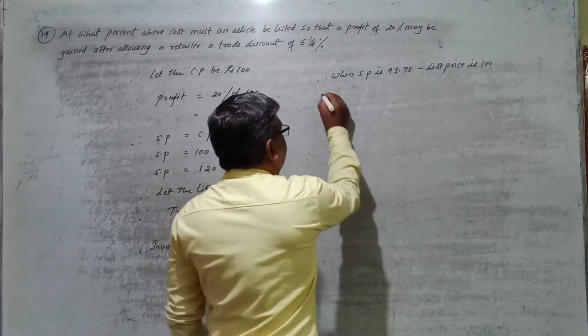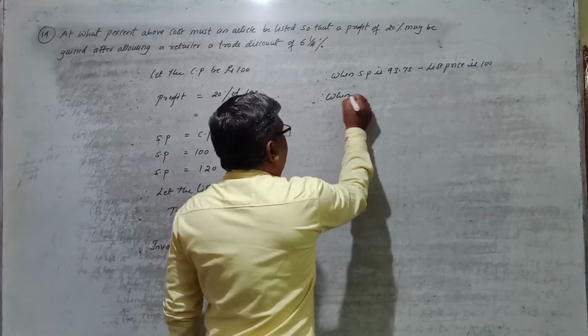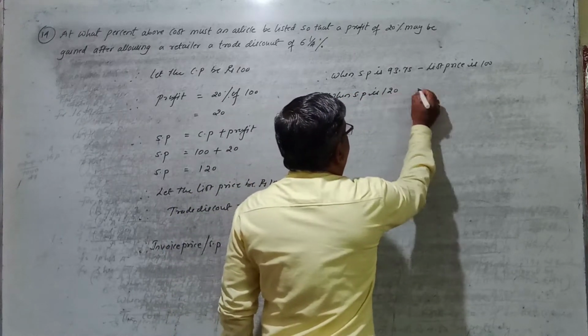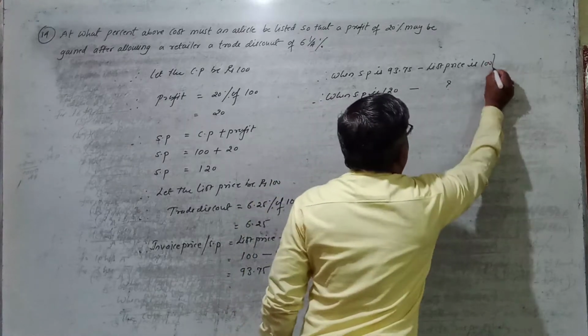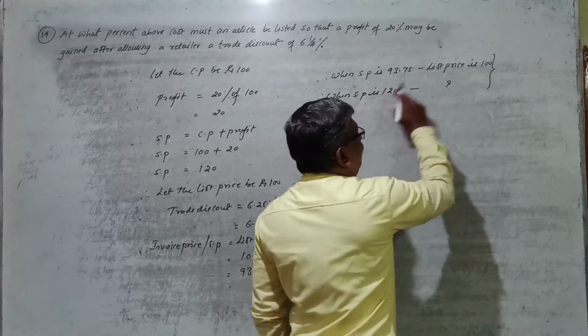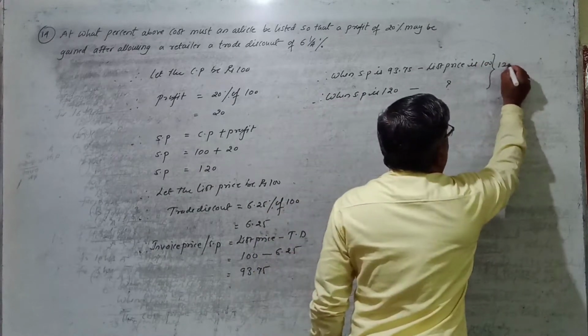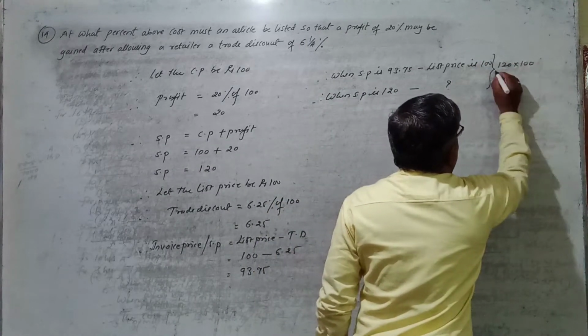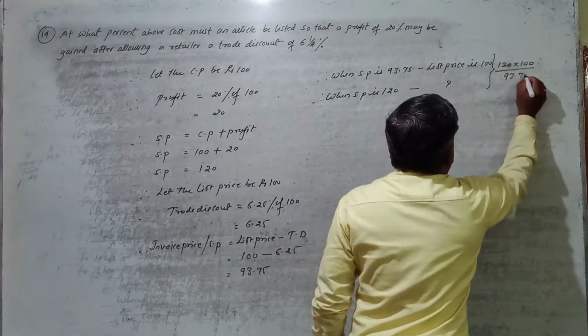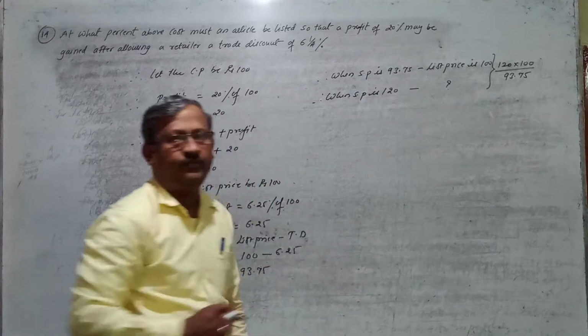What I want is, if my selling price is 120 rupees, what should the list price be? So now you ask, when my selling price is 120 rupees, what should the list price be? My list price must be 120 into 100 divided by 93.75.